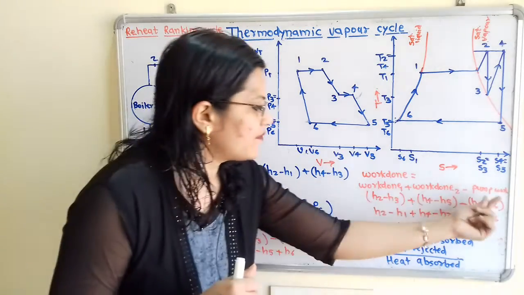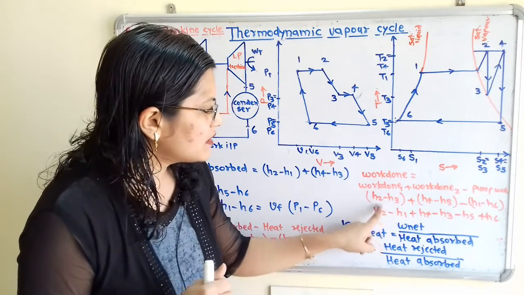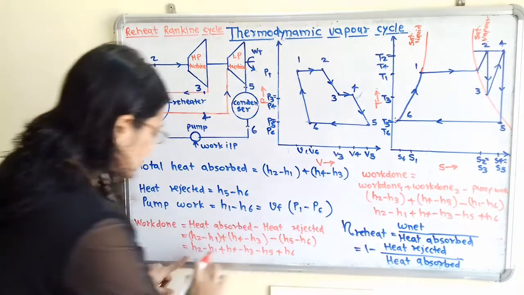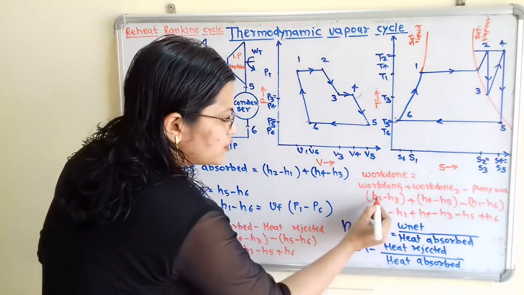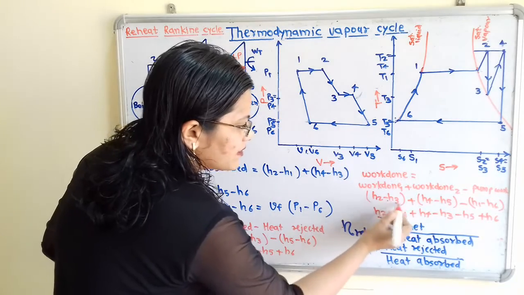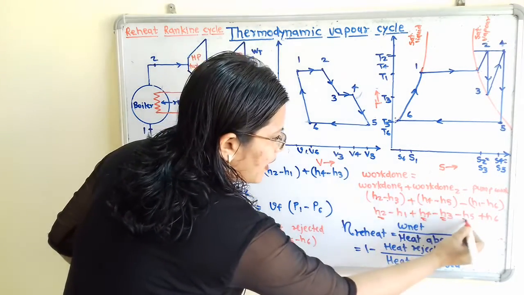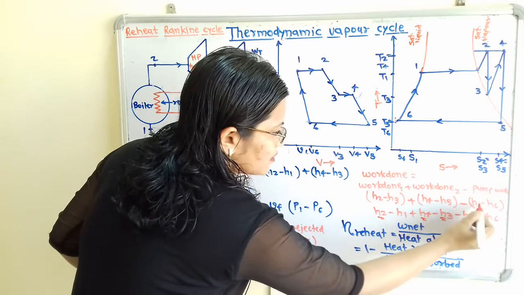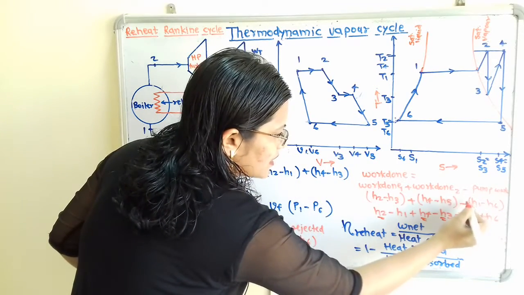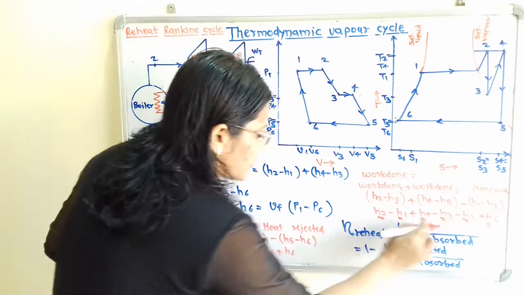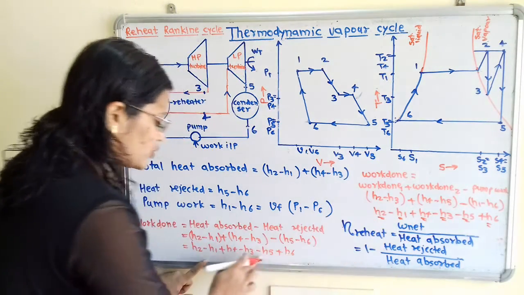Now we will simplify this. H2 minus H3, and I have rearranged this: H2 minus H3 plus H4 minus H5 minus H1, and multiplying the minus inside the bracket, minus H1 and minus minus, that is plus H6. If we compare these two, both are the same.